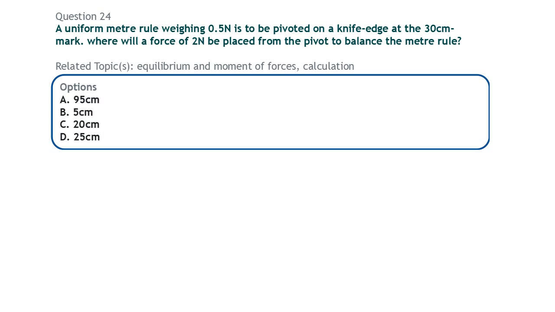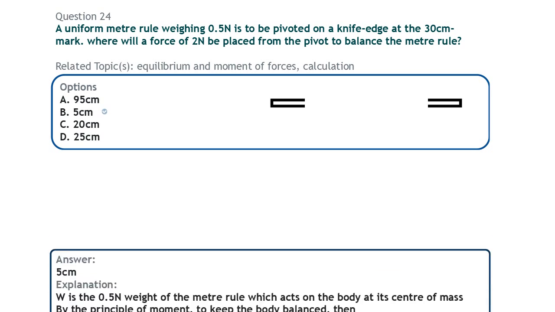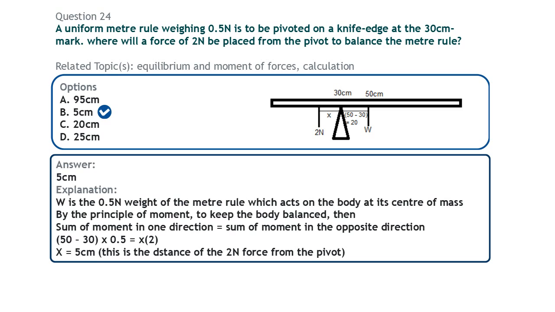Next, on equilibrium and moment of force, a uniform meter rule weighing 0.5 Newton is to be pivoted on a knife edge at the 30 centimeter mark. Where will a force of 2 Newton be placed from the pivot to balance the meter rule? Alright, so we try to put what we have here in a diagram.